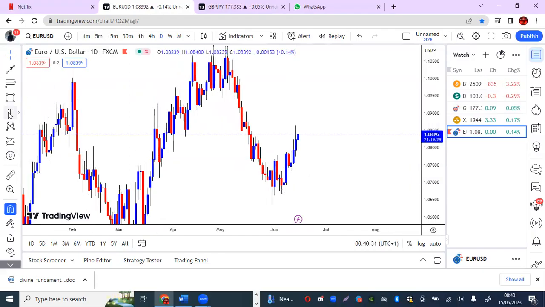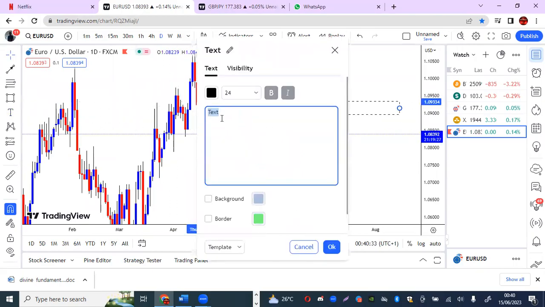Now, the definition of a strong zone. Let me type out what to look out for in a strong zone. This particular zone must take out an opposite zone. So if it's a supply zone, it must take out an opposite demand zone.